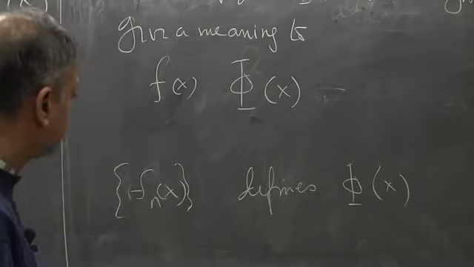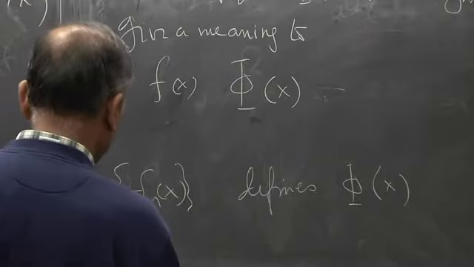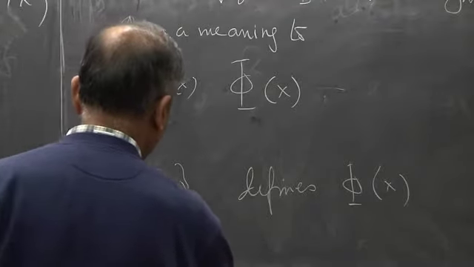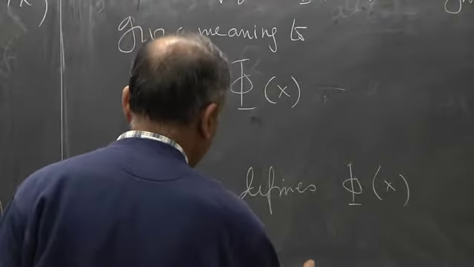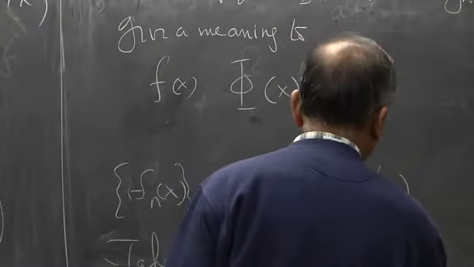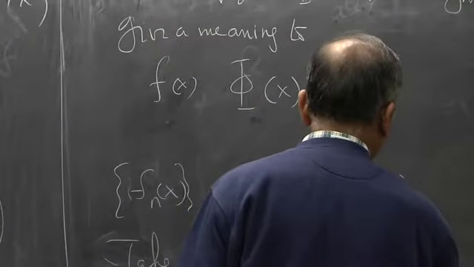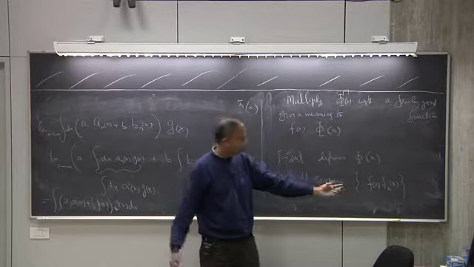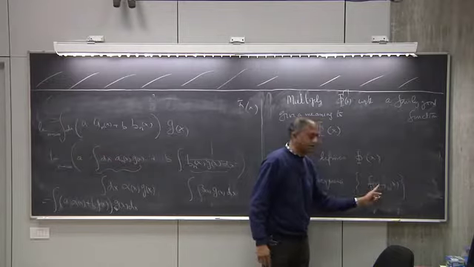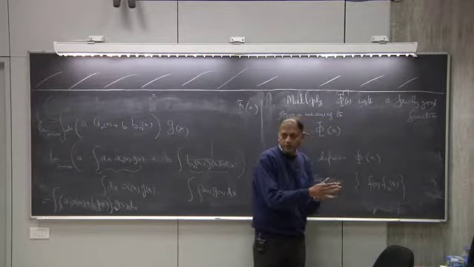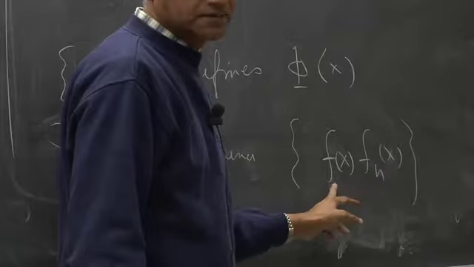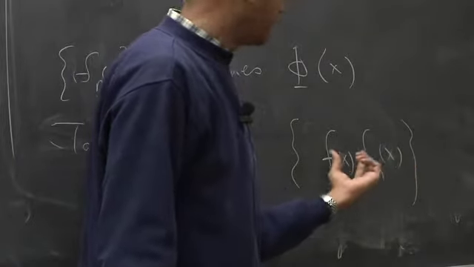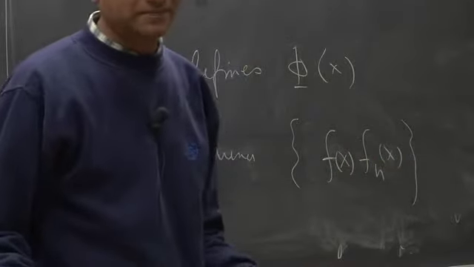These are all good functions. Now consider another sequence: f(x) times f_n(x), for n equal to 1, 2, 3. Each of these products is an ordinary function, and I know what I mean by pointwise multiplication. Furthermore, you already know that a product of a good function with a fairly good function is again a good function.